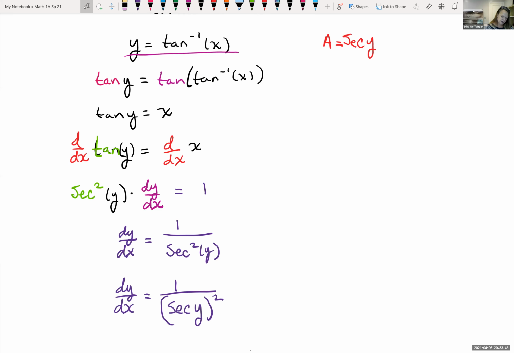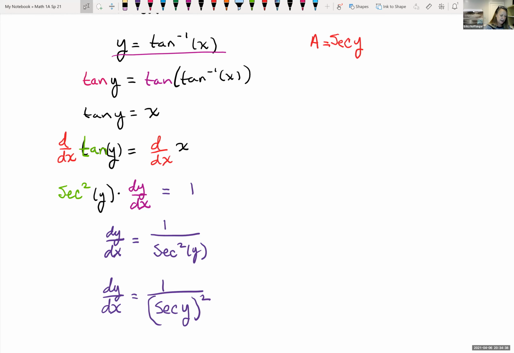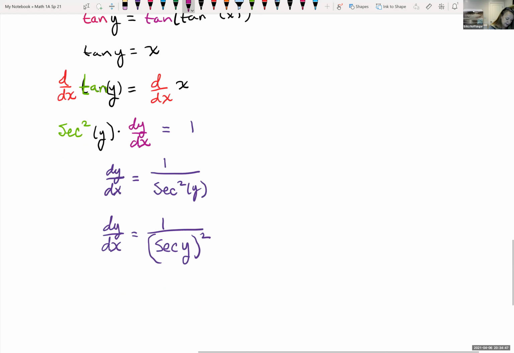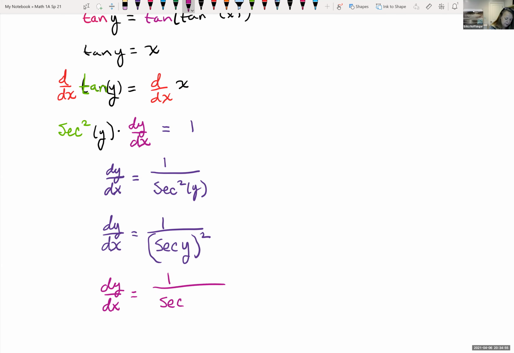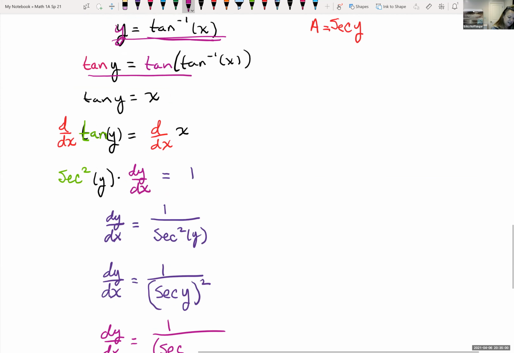Let me just think for a second. Okay, I know what I missed. Y here, we're going to rewrite as what it is, which is tan inverse of x. So this is the same thing then as dy/dx is equal to 1 over secant squared, but y, again, is tangent inverse of x.